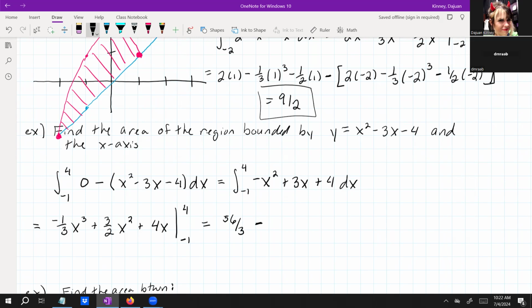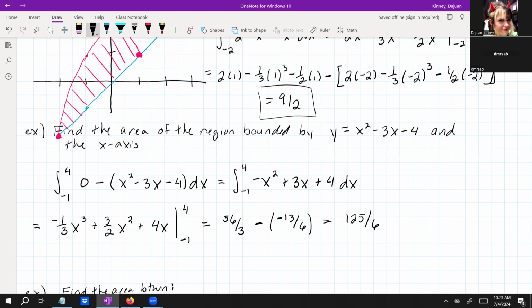I wrote it in my calculator weird, so now I have to fix it. Okay, I get 125/6.